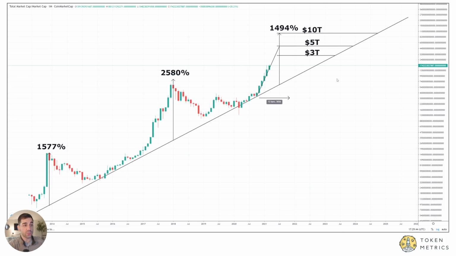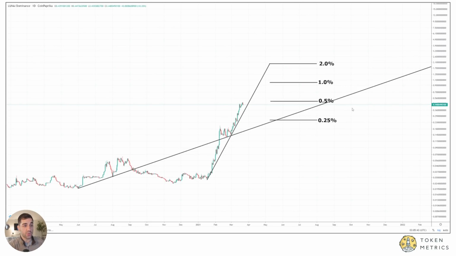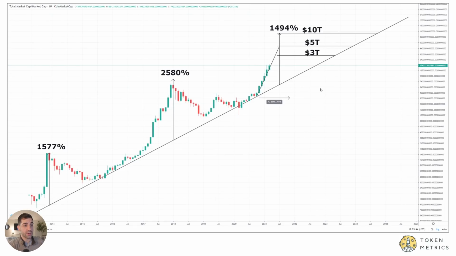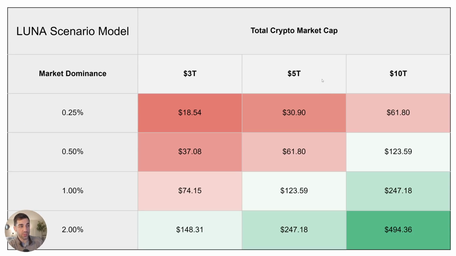Now, if we cross-reference that into a matrix with our Luna dominance scenarios, we can calculate some price predictions for Luna this market cycle. All we're doing here is taking our total cryptocurrency market cap, multiplying by our market dominance scenarios for Luna, and then dividing by the total amount of Luna tokens in circulation.